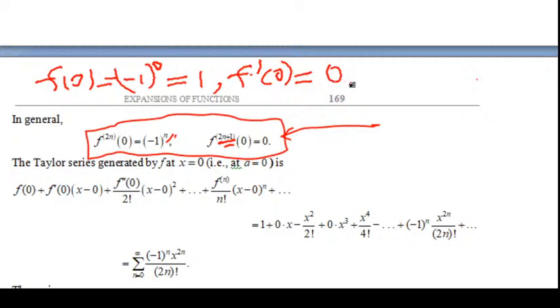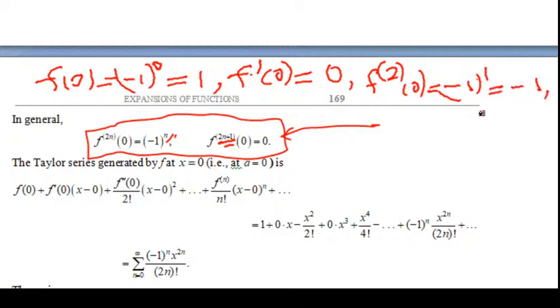What about f2 of 0? That means the second derivative. 2 is 2 times 1, so n becomes 1, and we have negative 1 to the power 1, which is equal to negative 1.